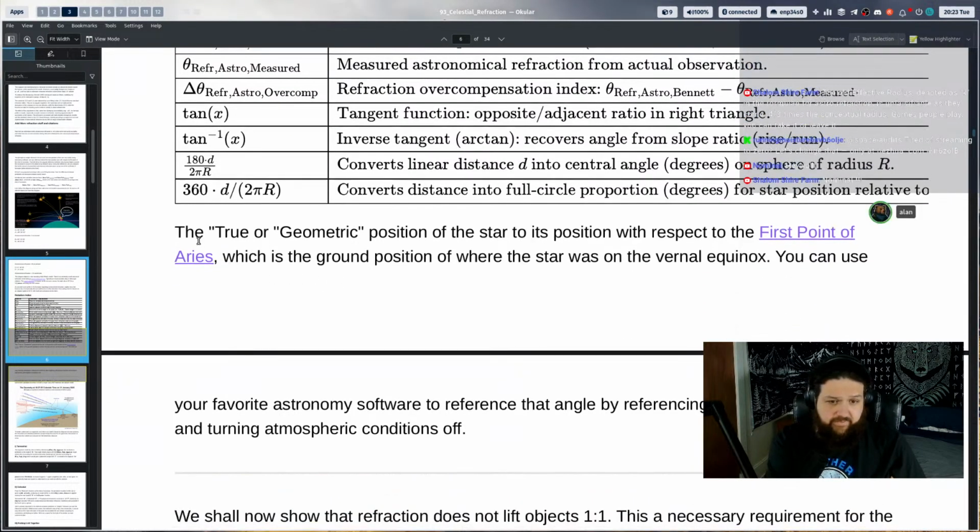Now another thing to go over real quick is that the true position or geometric position is the reference to the star's position with respect to where it was on the first point of Aries. And the first point of Aries is the night of the vernal equinox, which is like a snapshot of the stars, where they're at and how they relate to positions on the ground at that time. And then they relate time to, what's it called?